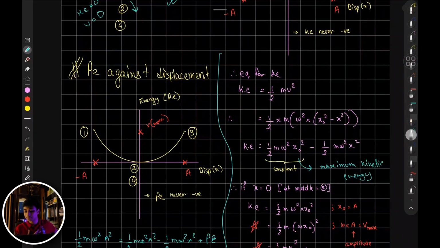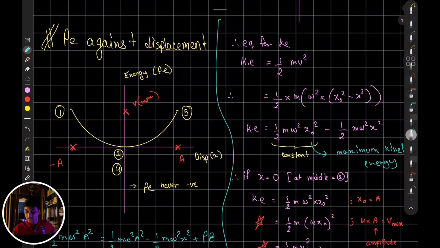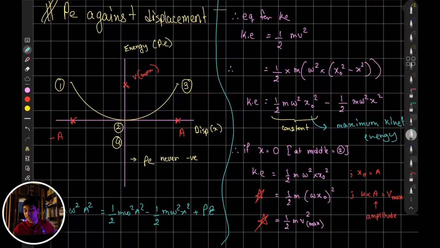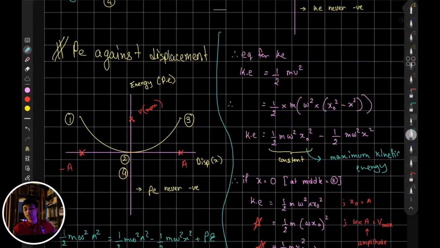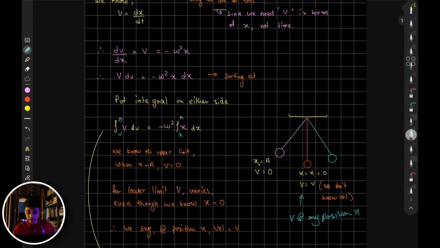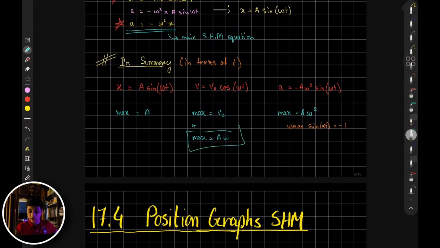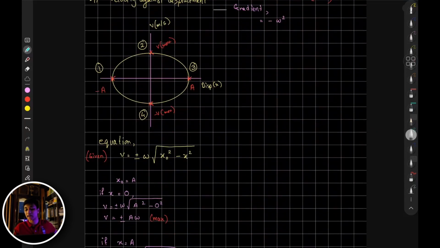How do I know that? Because in this equation, omega times x naught is actually the maximum velocity. If you know from over here, max velocity is given by a omega, or the amplitude times omega.